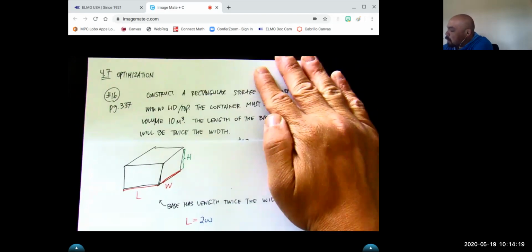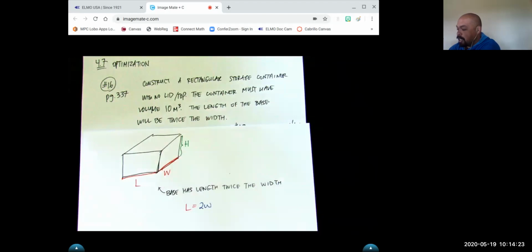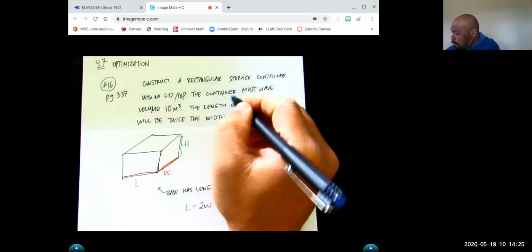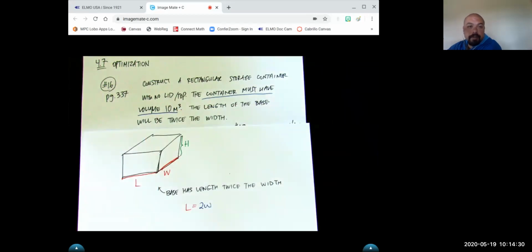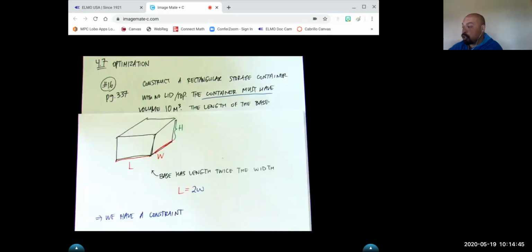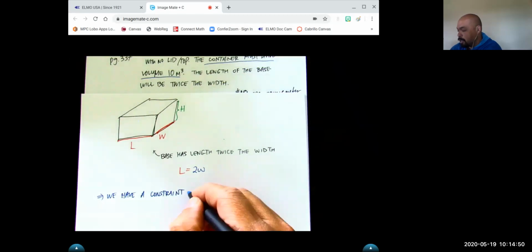When we were talking about that rectangular container, it mentioned that the container has to have a volume of 10 meters cubed, okay? And so what we can start to see is that we have a constraint, right? A constraint, like a restraint, right? Something that's going to limit our possible values, our choices in our process. We have a constraint, right?